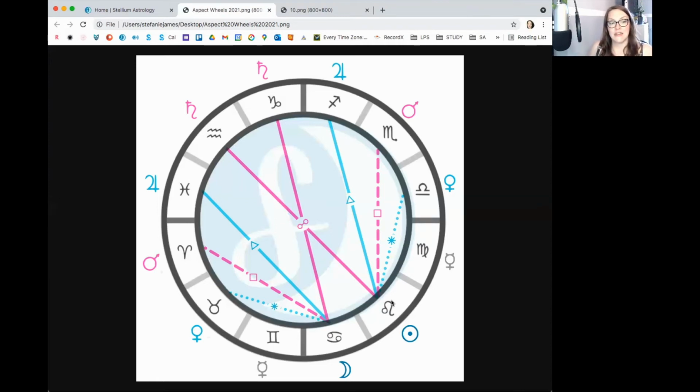And Saturn can be cooperative, or he can be directly, intentionally obstructive.